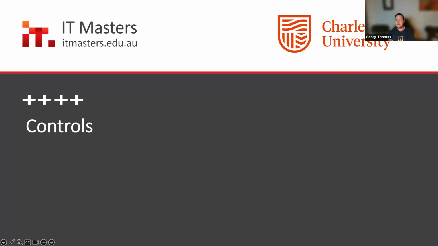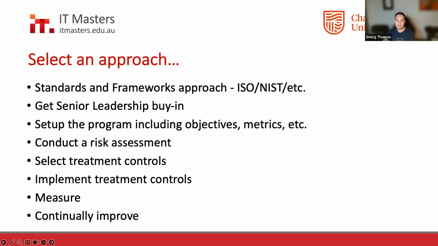Yeah, I'll answer the first one there. Where on the approach slide would you have the gap analysis? So let's go back. Okay, so you've conducted your risk assessment and selected treatment controls. It depends what your gap analysis is intended to do. If it's intended to look at the gaps of the security program more broadly from a governance perspective, then you'd probably do that quite early in.